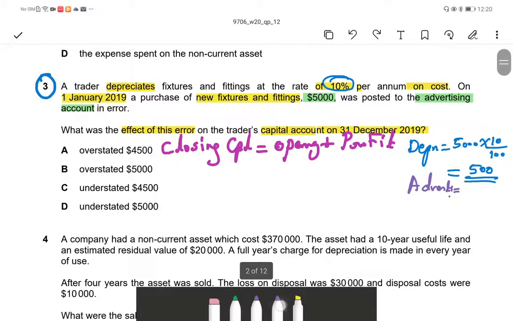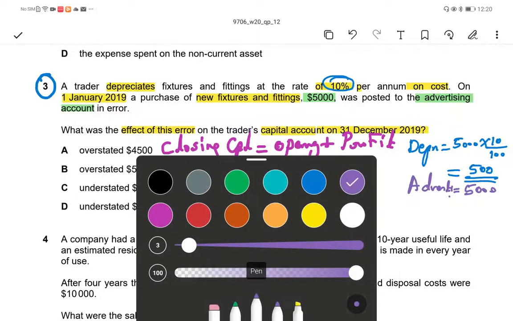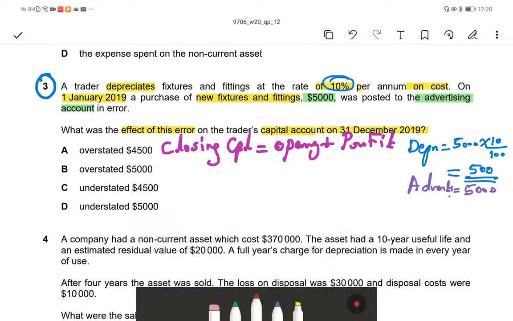The amount shown is 5,000. So 5,000 was added, while by mistake the 500 depreciation was not shown in the income statement.